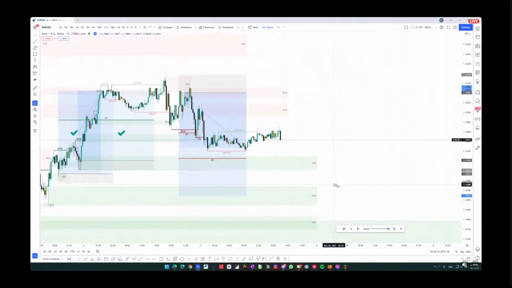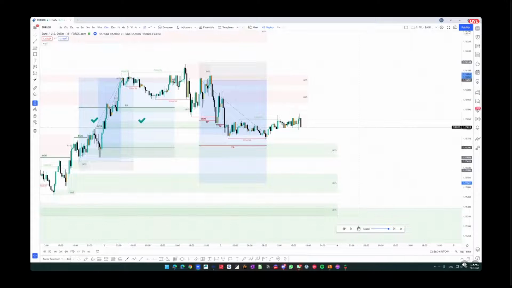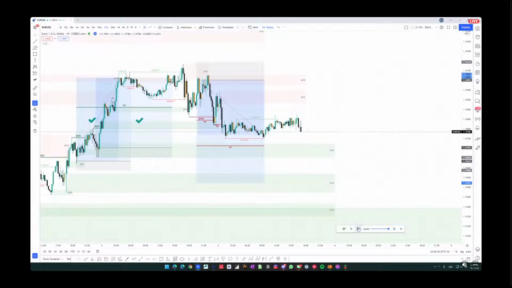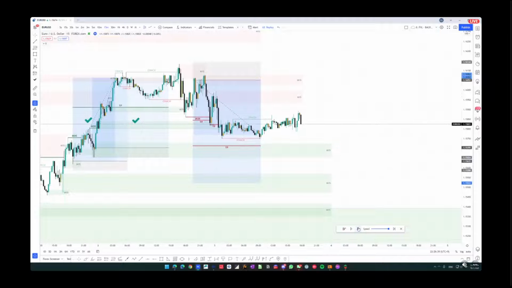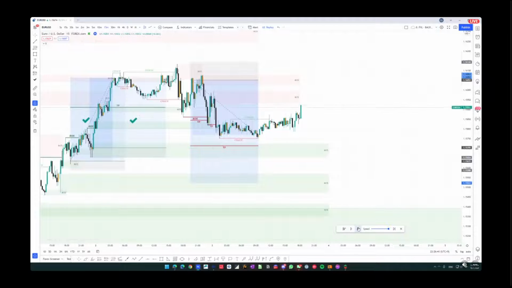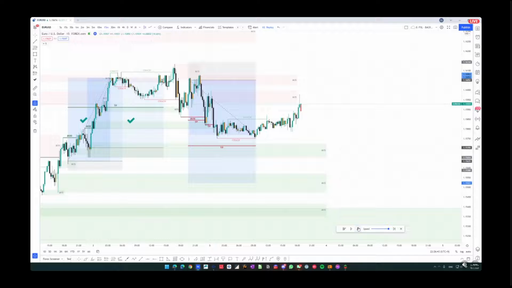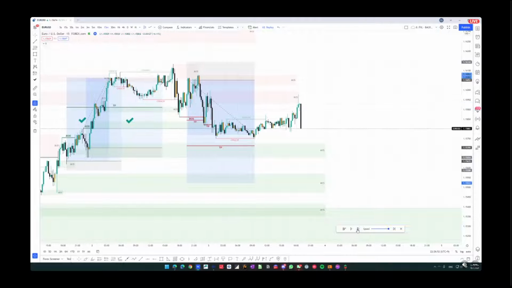It's starting to become bullish. It tapped into this supply zone. Let's see if it holds or if it breaks through.